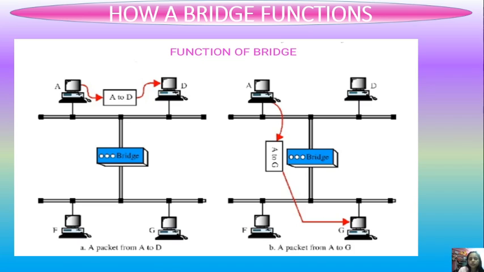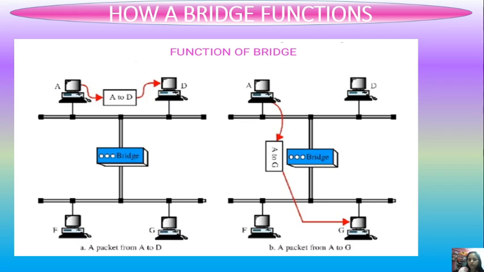Here one more image showing function of a bridge. In this image you can see left side one PC A is sending message to D. It means within a network. And right side you can see one PC A is sending message to G, and this G is PC of another side.